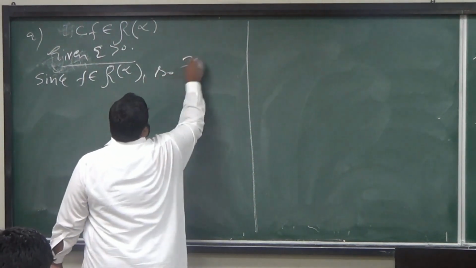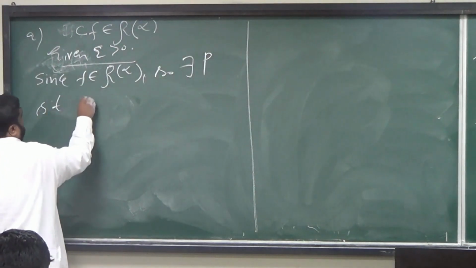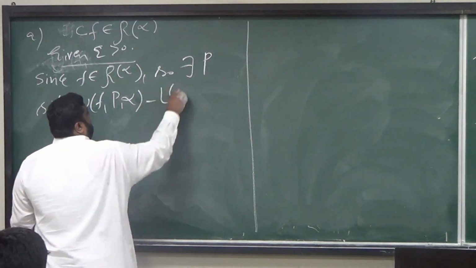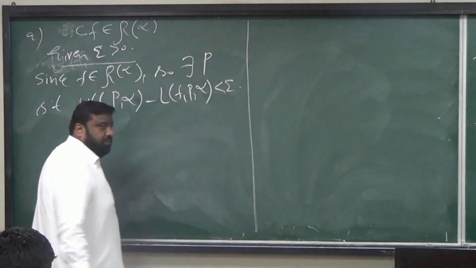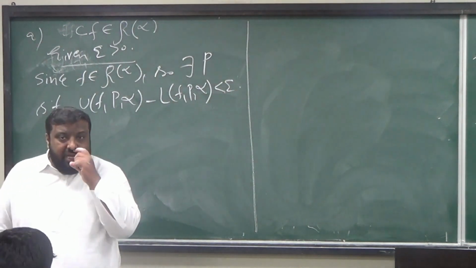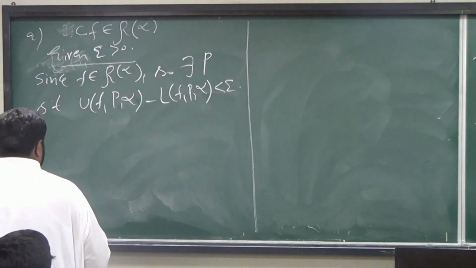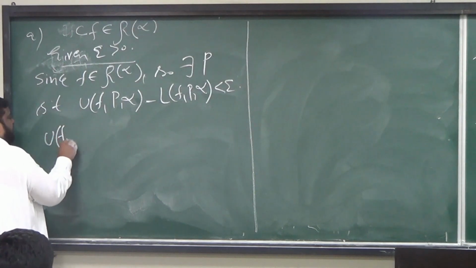So there exists a partition P such that U(f, P, alpha) minus L(f, P, alpha) can be controlled by epsilon. And my claim is that the same partition is going to work for cf. Why? Just think about it.